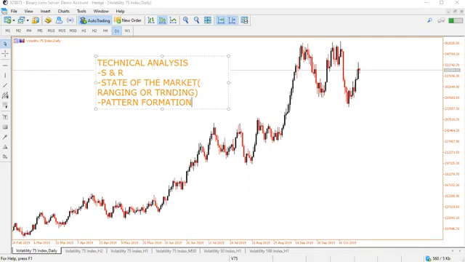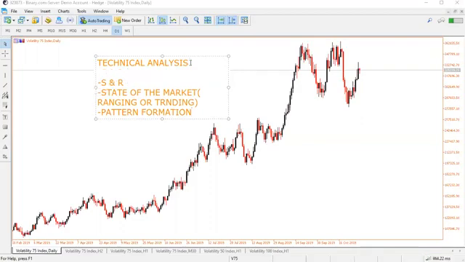So what do I mean by supports and resistances? In order for all this to be successful, guys, we need to do what we call the top down analysis, right? So this is what you need to do in most cases, guys.